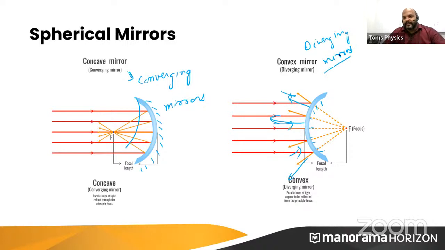So based on what I had just told you before, we had a lengthy chat about what the rays will do after they hit the mirror. If they don't meet again, something happens. If they meet again, something happens. Based on that itself, can you tell me if this object has sent out these rays and they are meeting here for the concave mirror, is this forming a real image or a virtual image based on what we just learned?